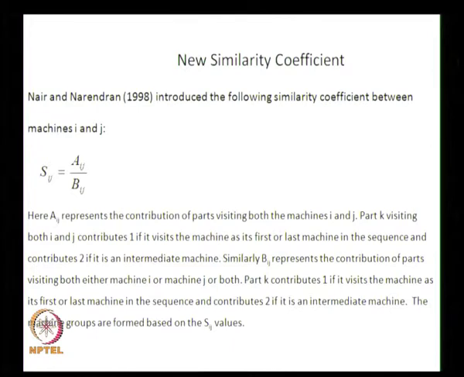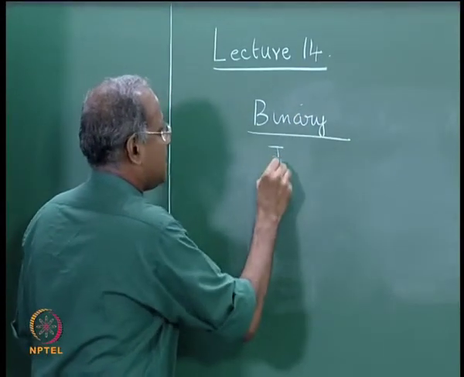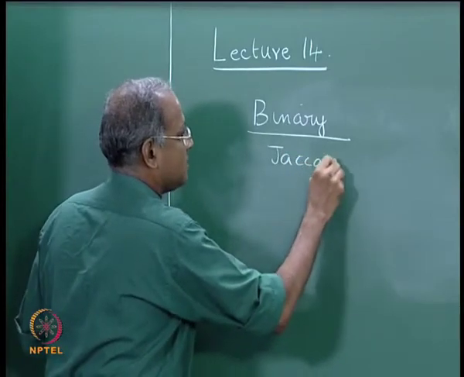We have already seen 3 types of similarity coefficients. So for binary data, we have seen the Jaccard similarity coefficient.